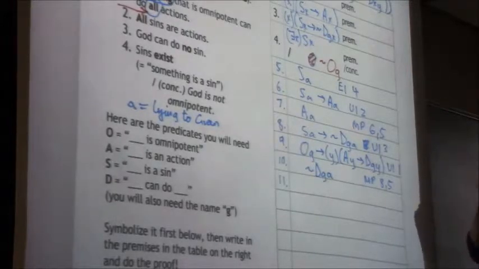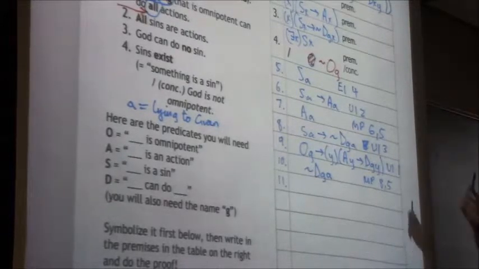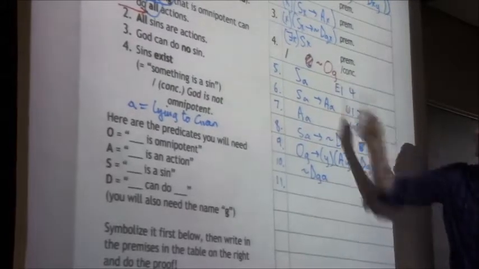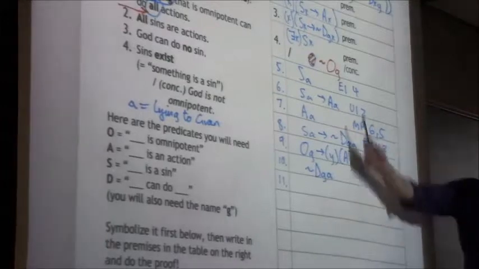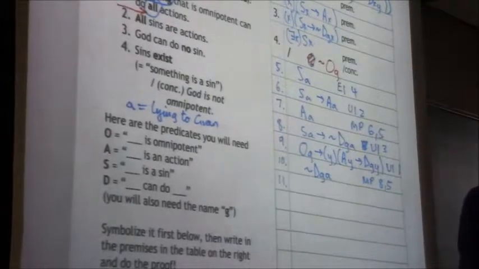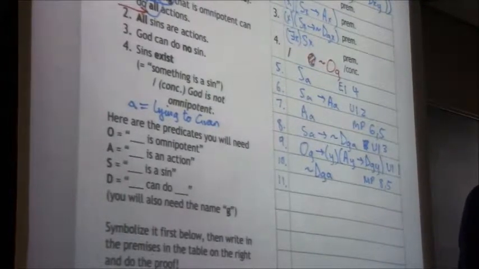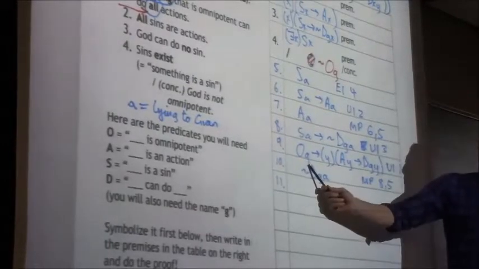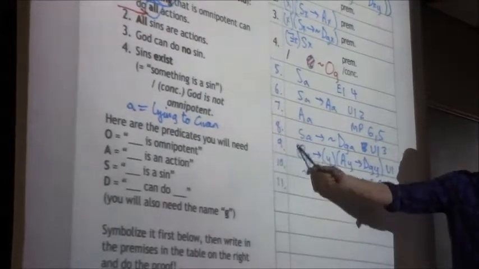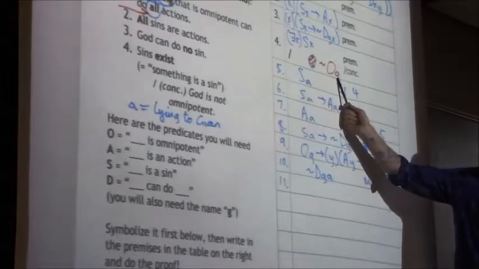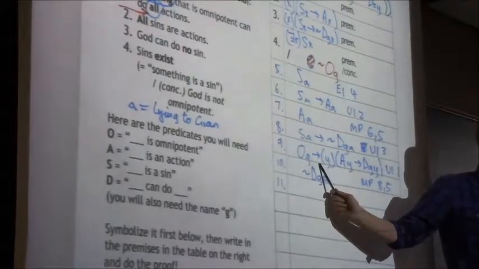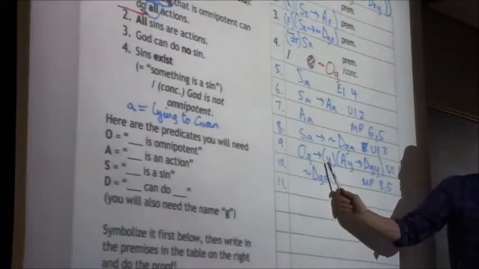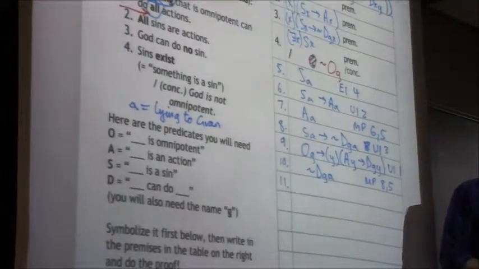But now we have to sit back and think, okay, we're trying to get this. What line are we going to use to get that? What's that? 9. Because that's the only place where it shows up. Now, we want to get the negation of OG, and OG is the antecedent of a conditional here. So what inference form are we going to use to get it?